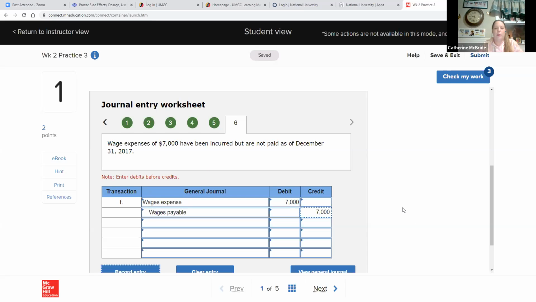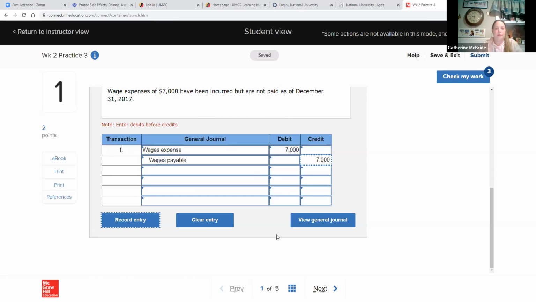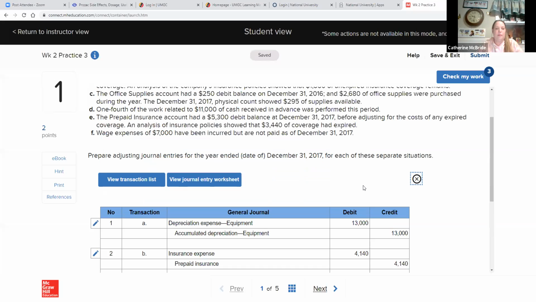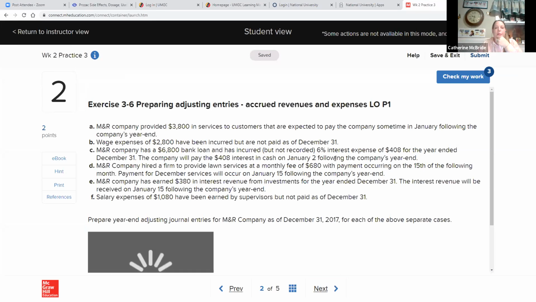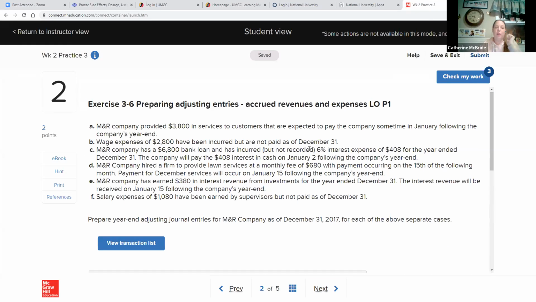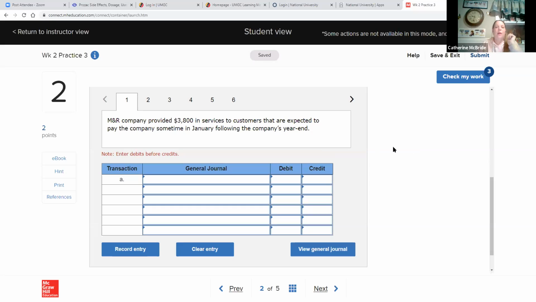There we go. So look what you did. See? You've got 6 adjusting entries that you know. But no worries, we're going to practice more.